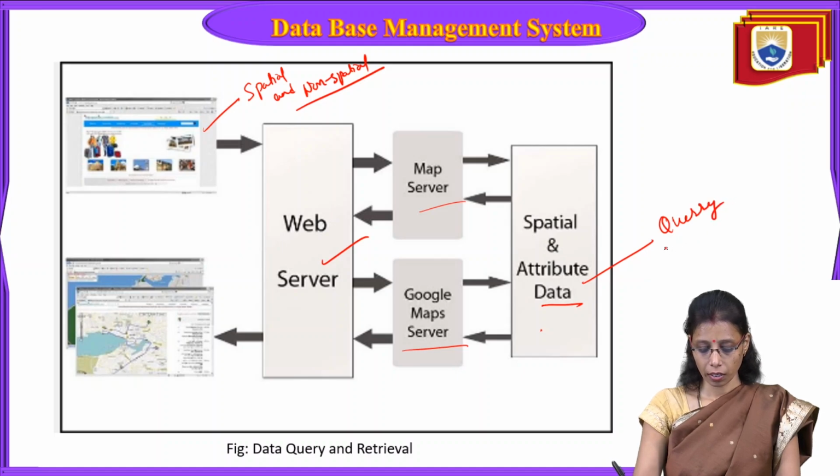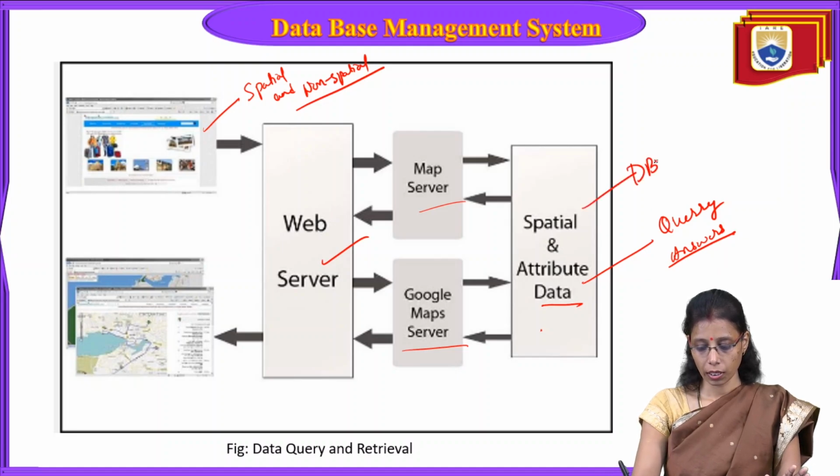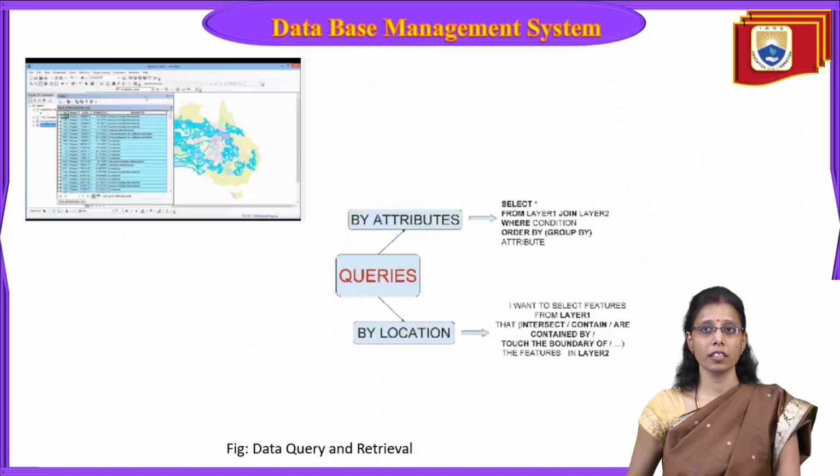Once you do the query, it will give you the answer. This is how the DBMS works to query the information, and finally we get the answers from all these web services, and any kind of data whenever we require. The retrieval is very easy when you have the data in the DBMS.